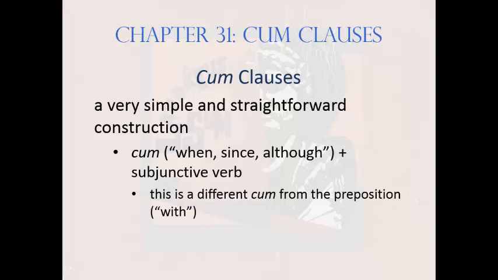Now, this is the conjunction cum, not the preposition cum, the word that means with. Different words from different sources that only became identical in the classical age. The Roman playwright Plautus, for instance, who lived a century before the kind of Latin we're learning was spoken, wrote around 210 to 185 BCE, he used quom, Q-U-O-M, when he meant when, since, or although, the conjunction, and cum, C-U-M, when he meant with.